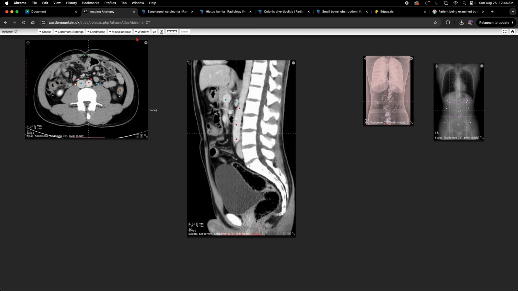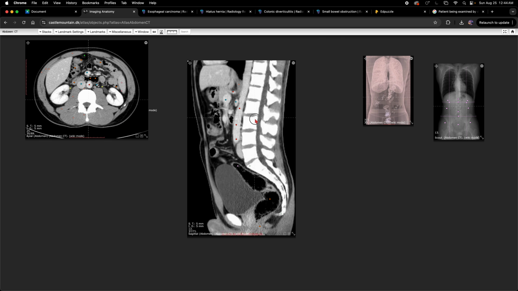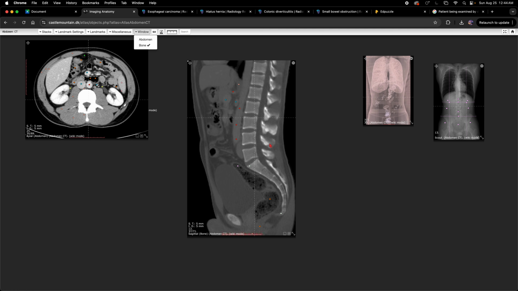So on X-ray, you can window the image to make it look with less contrast or more contrast, so you can see different parts better, right? You can do the same here.